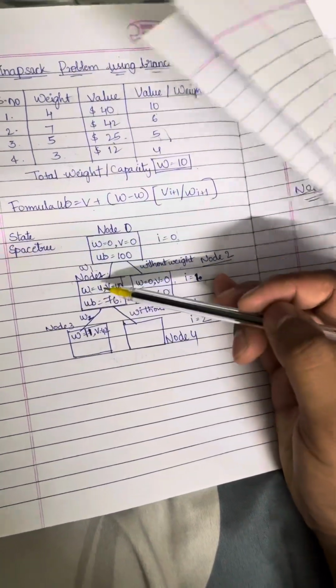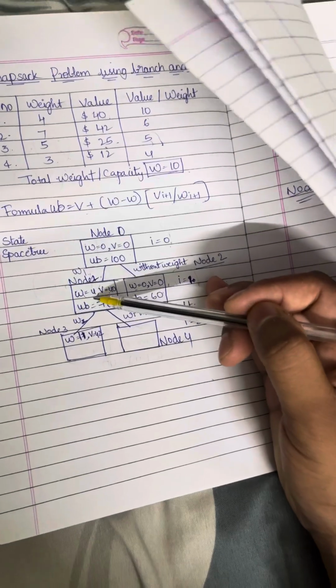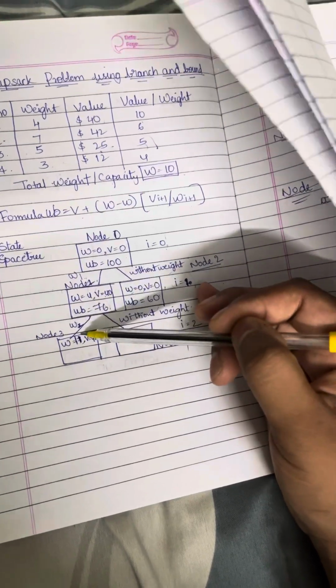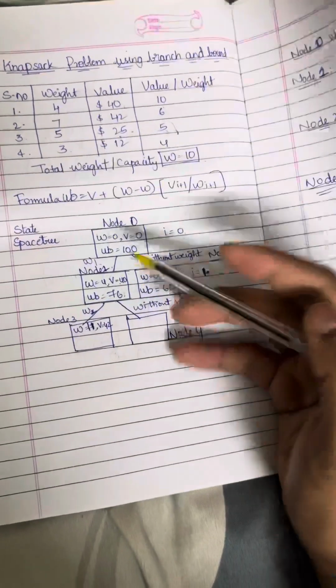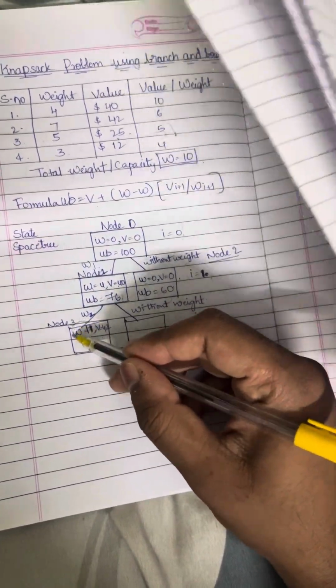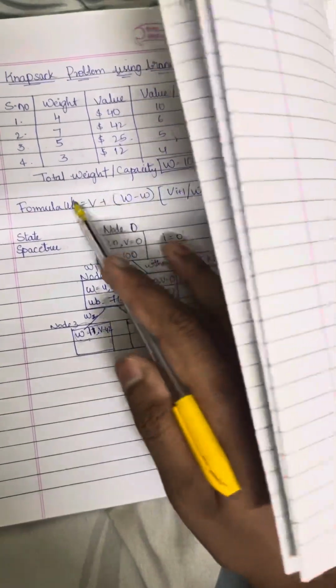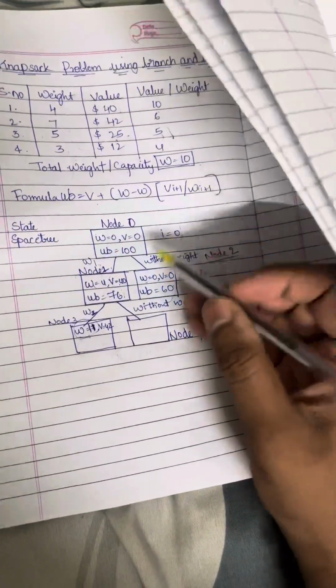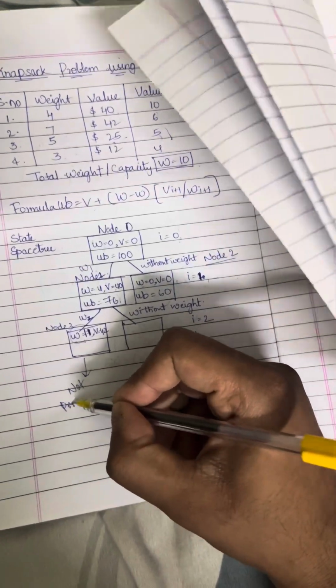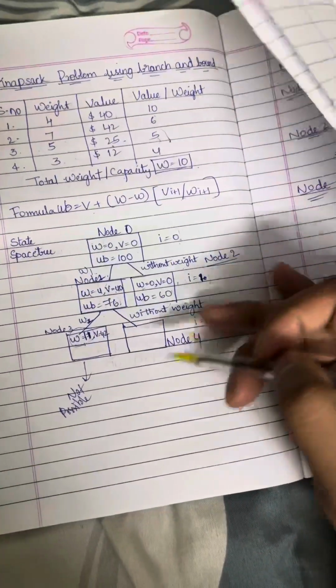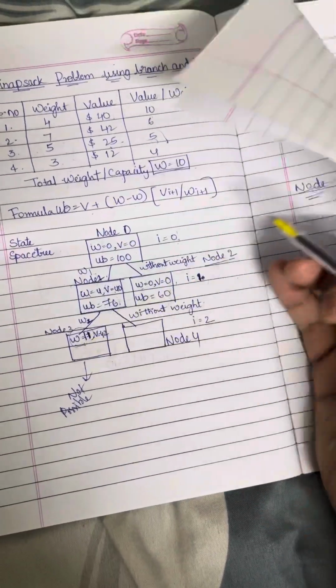We need to add the weight of the previous one. The previous one has 4. Now we will be taking weight 2. Second weight is 7, so total weight becomes 11. But the total capacity of the weight is only 10, right? So this is not possible. We can stop over here. This is not possible because the weight is 11.